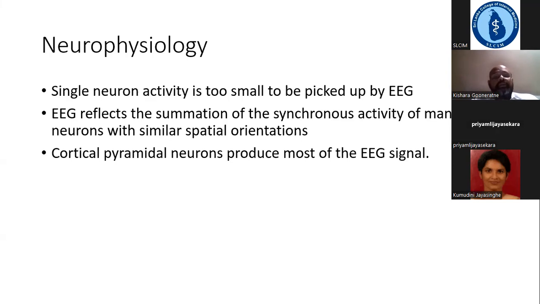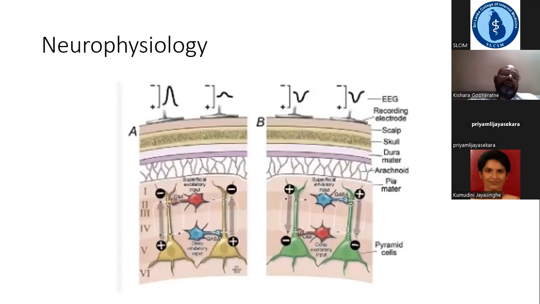It is actually the electrical activity that is produced within the pyramidal neurons, which are actually the neurons which are oriented perpendicular to the surface of the brain, as you can see on this particular diagram.